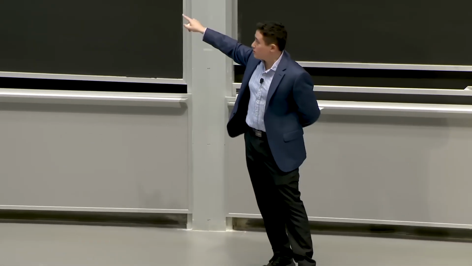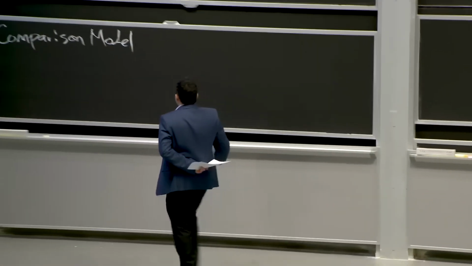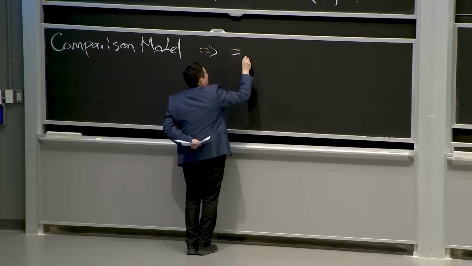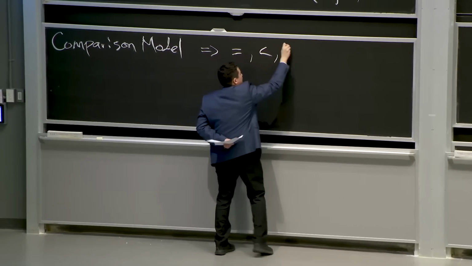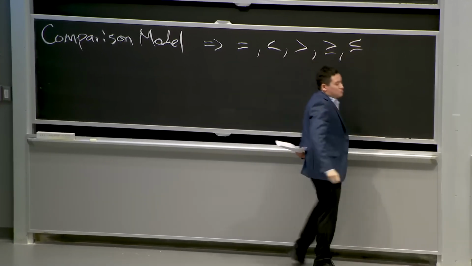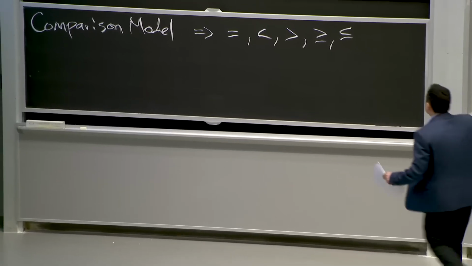Those three sorting operations lived in this comparison model. You've got comparison operations like equal, less than, greater than, greater than or equal, less than or equal, maybe not equal.